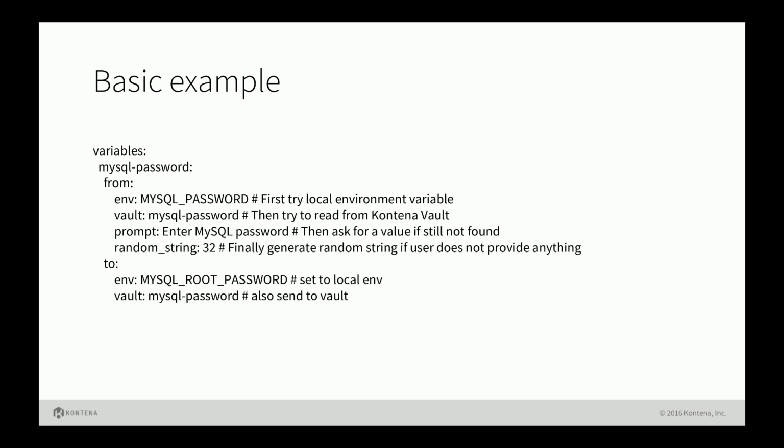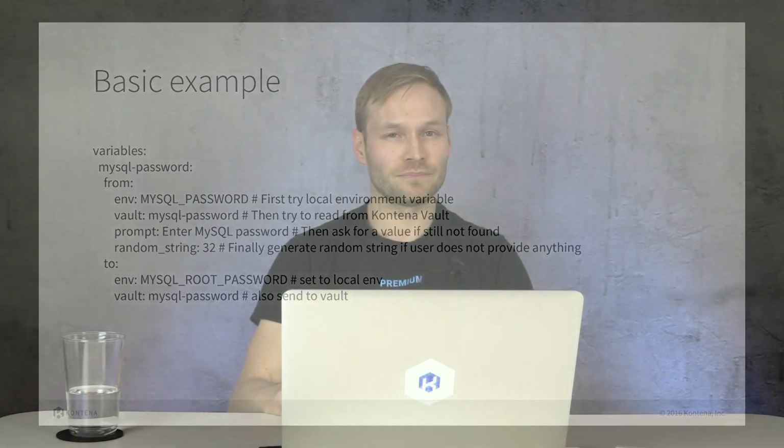And if the user doesn't provide any value, it will get some random value. And it's stored to an environment variable called MySQL root password. And then it's also stored to Kontena vault. So on future deploys, the value is found from Kontena vault.